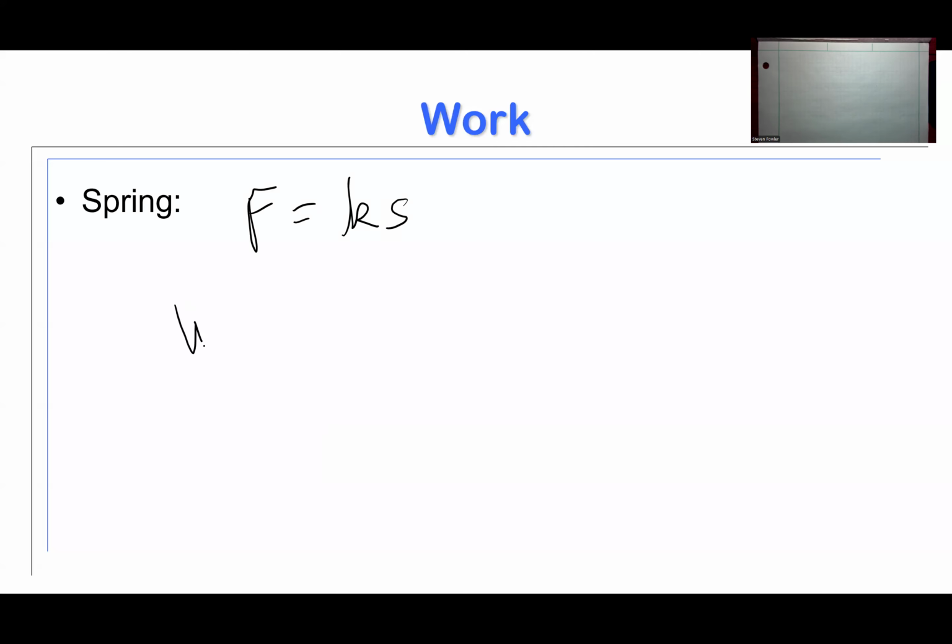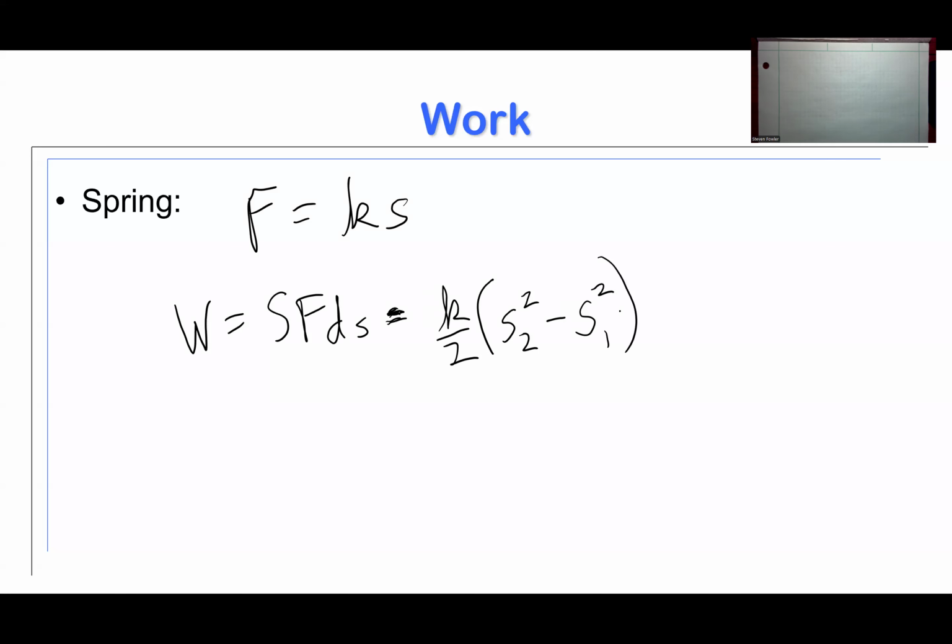The work, because we're going to integrate that force with respect to S, becomes K over 2, the Hooke's law constant of the spring, times the difference of the lengths of the spring squared.